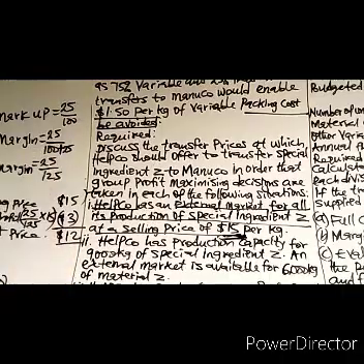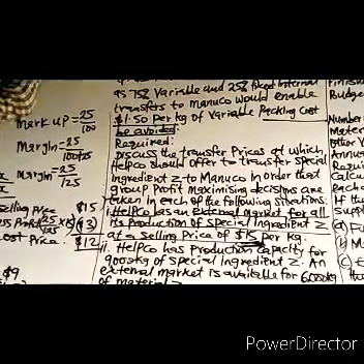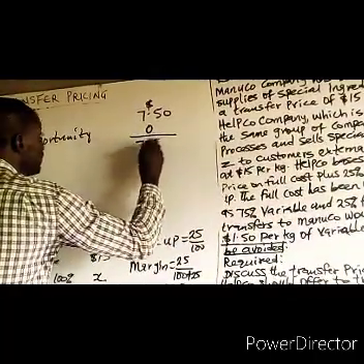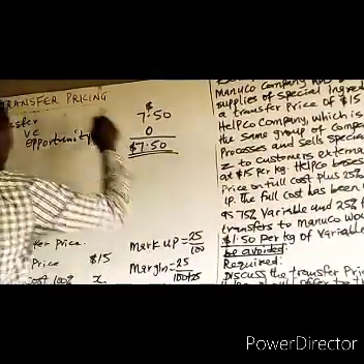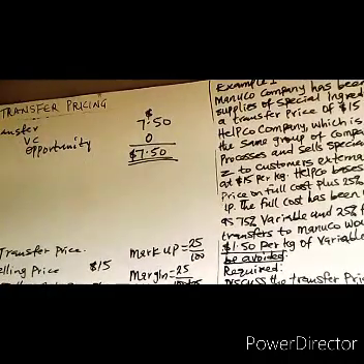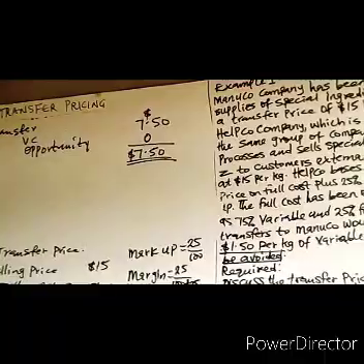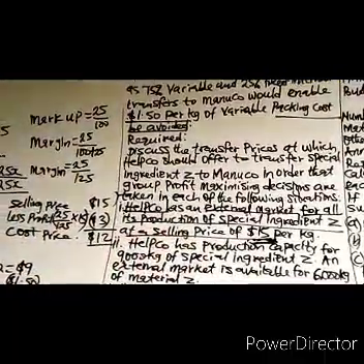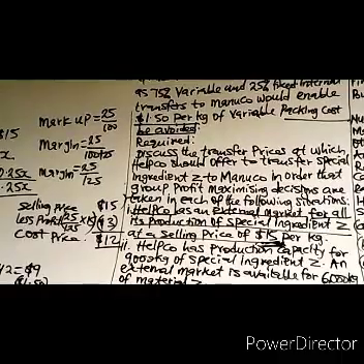Therefore, the opportunity cost of making the transfer is $0. Therefore, the transfer price will be $7.50, which is the variable cost. So that will be the transfer price. So since there is a capacity limitation, the third one, Roman figure 3.